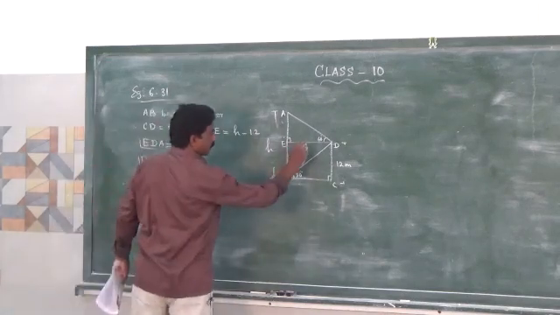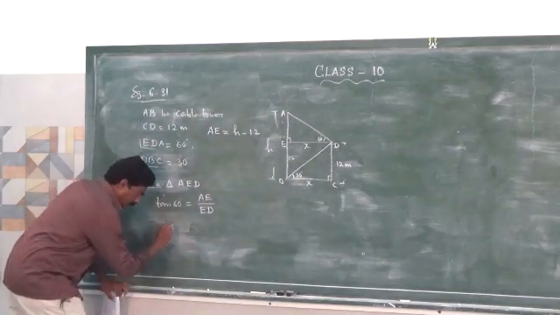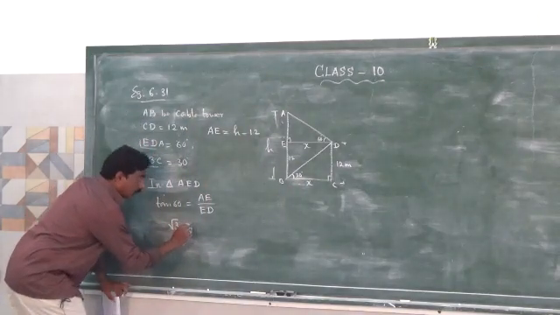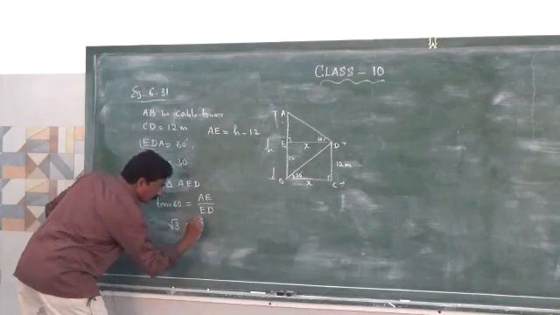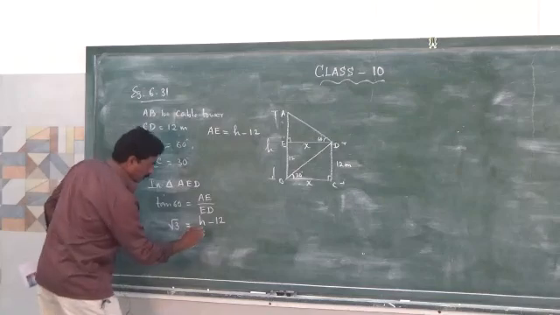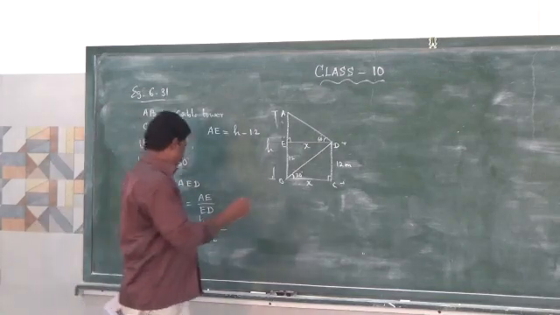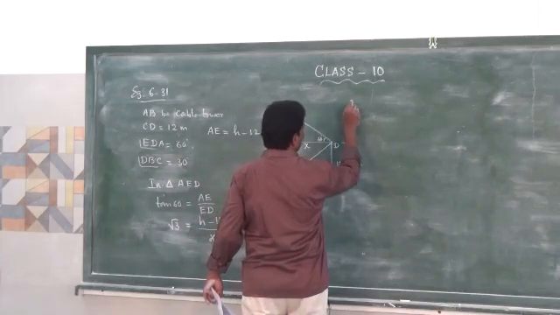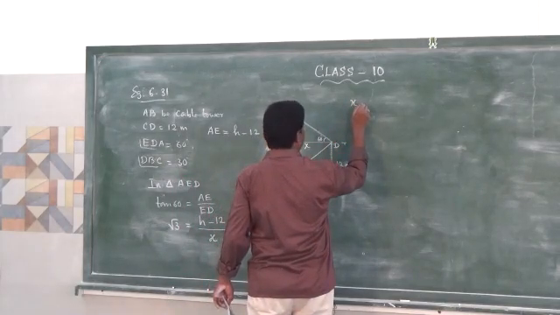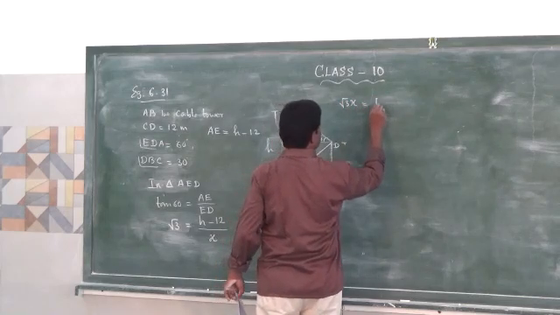If you want, you can take this as x. So root 3 equals h minus 12 by x. Cross multiply, root 3 x is equal to h minus 12.